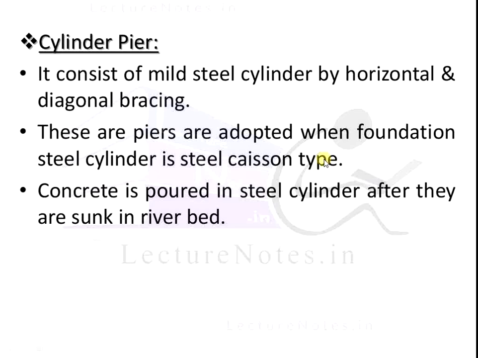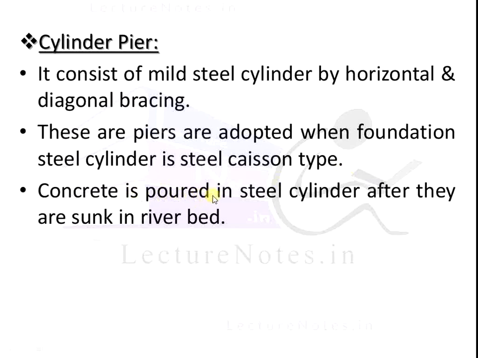Here we see what a caisson and caisson foundation are. This requirement depends totally on the location or site condition. Either for the foundation or the steel cylinder, we then use the steel caisson type.